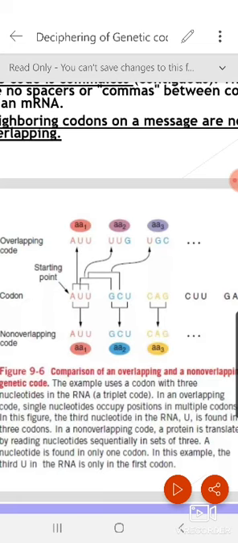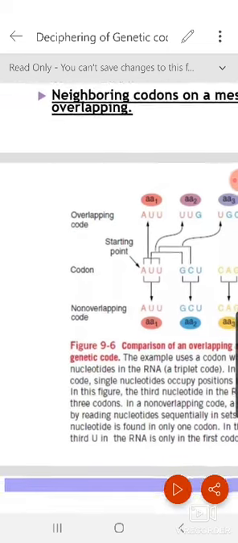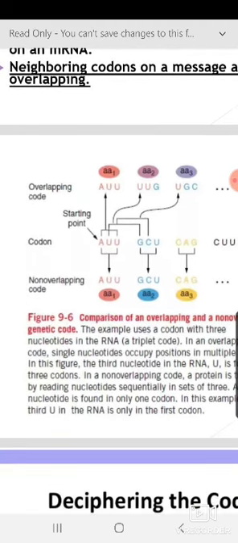Now if it is read in an overlapping fashion, try to understand, if you mutate the second U, how many will be disturbed? First one, second one, third, all three will be disturbed. So 3 different amino acids we should get.